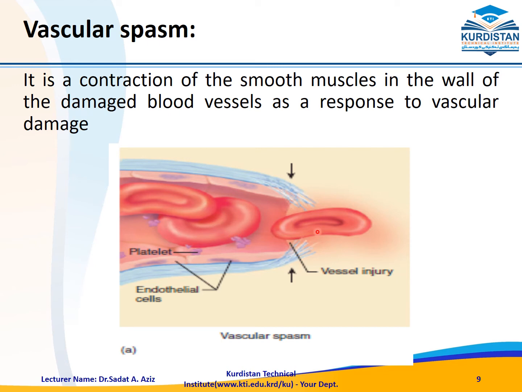And this process is called vascular spasm. So the reduction in the diameter of the blood vessels, as we said, gives a chance to the platelets to aggregate at the site of the injury.